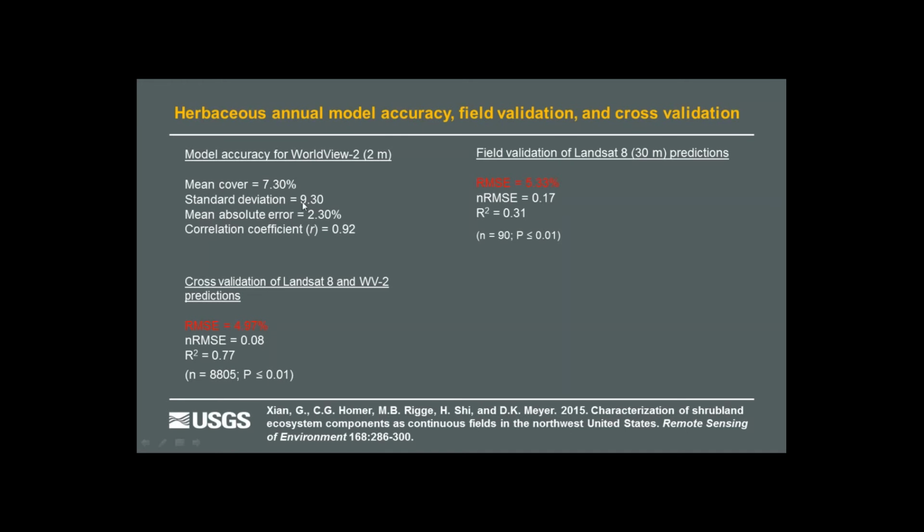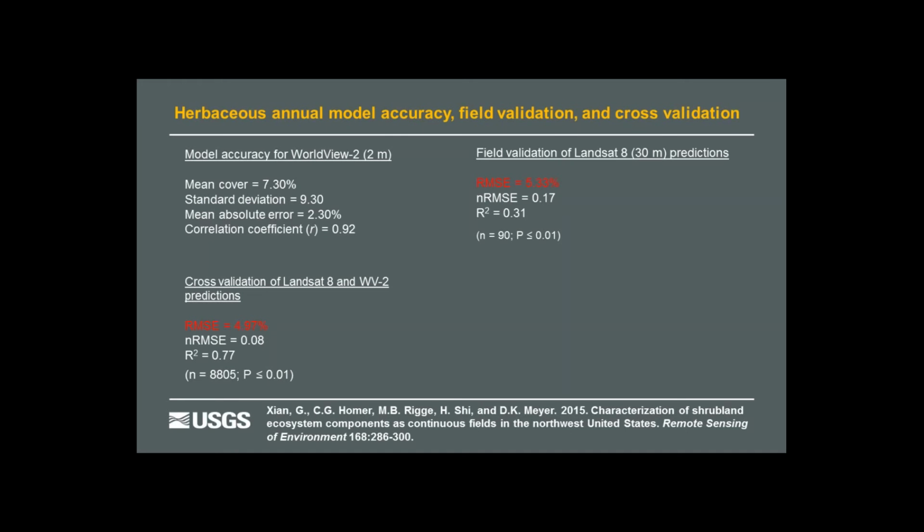The mean absolute error is 2.3%, and the correlation coefficient is 0.92. And this is for the herbaceous annual component from the study area that I just showed. The mean cover is about 7.3% with a standard deviation of a little over 9.